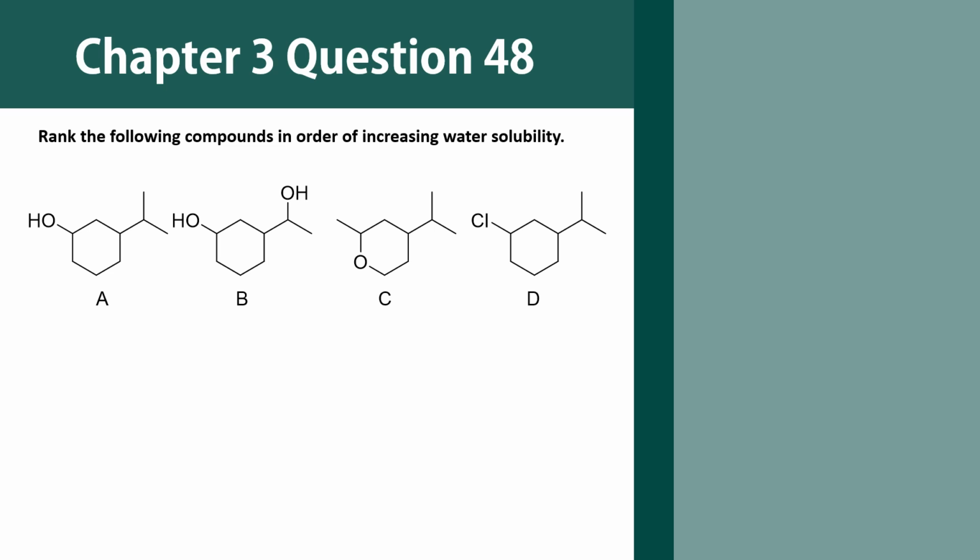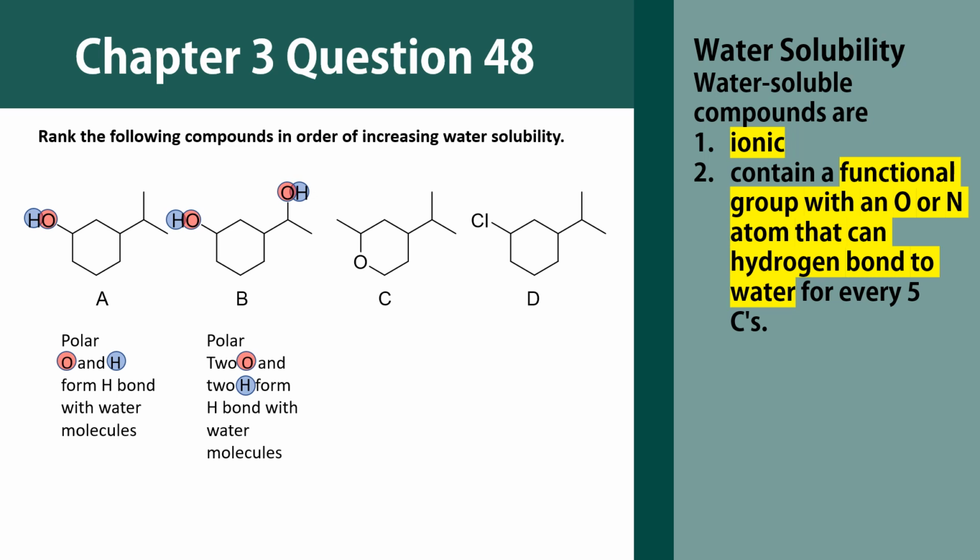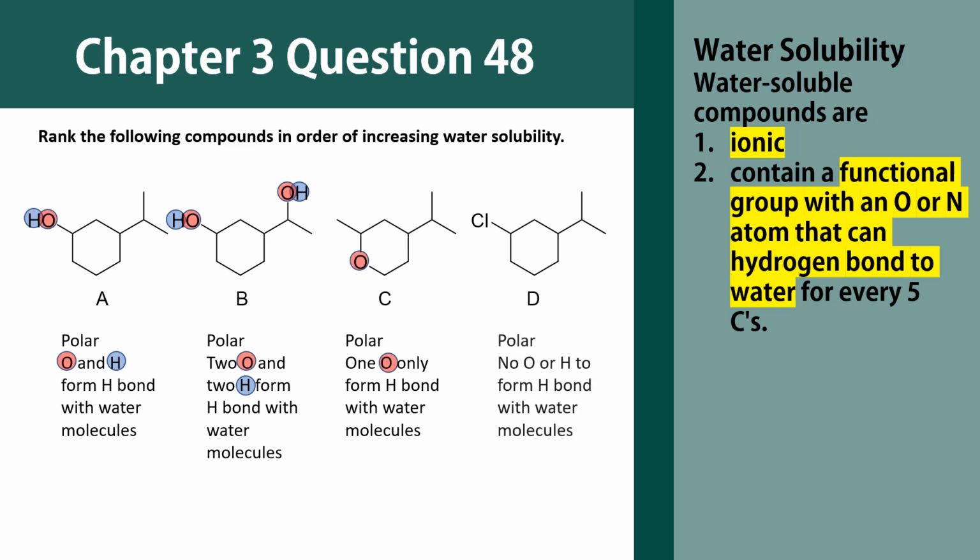Next is question 48. Rank the following compounds in order of increasing water solubility. A water-soluble compound is either ionic or has a functional group with an O or N atom that can hydrogen bond to water, for every 5 carbons. In structure A, there is an O and H to form hydrogen bonds with water molecules. B has two sets of O and H. C has only one oxygen atom to form hydrogen bonds, while D has nothing to form hydrogen bonds with water.